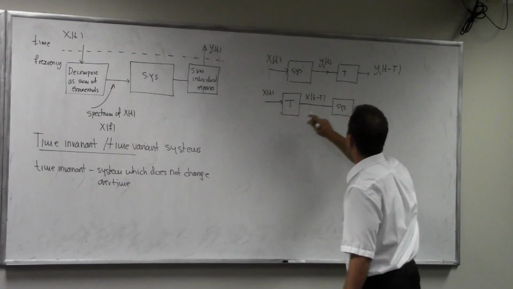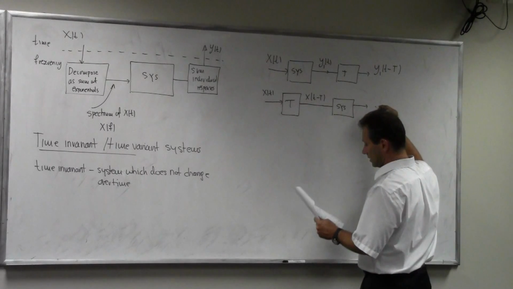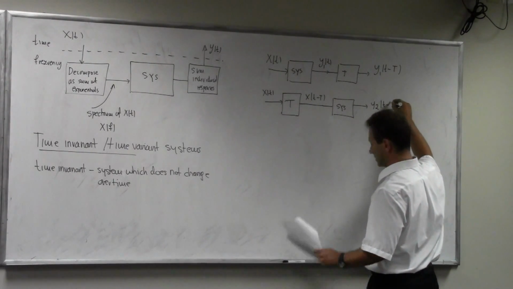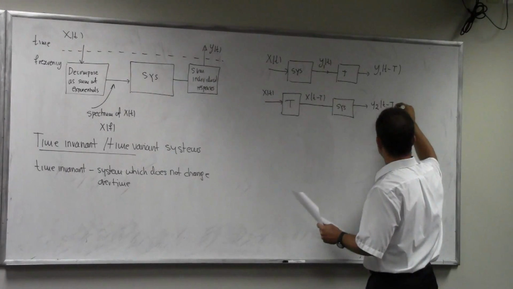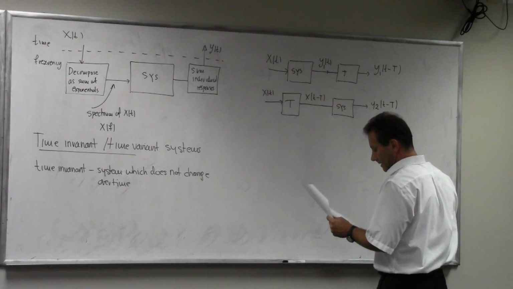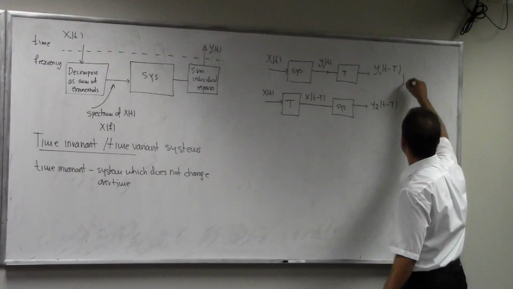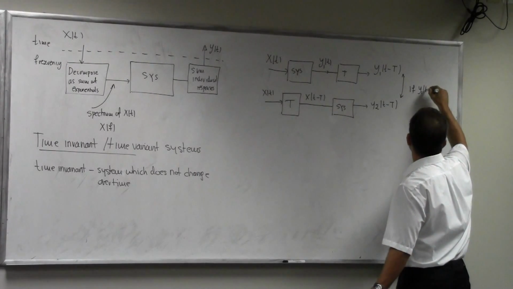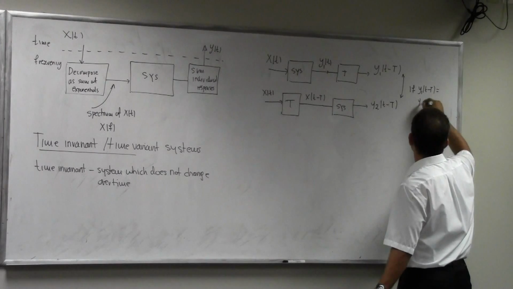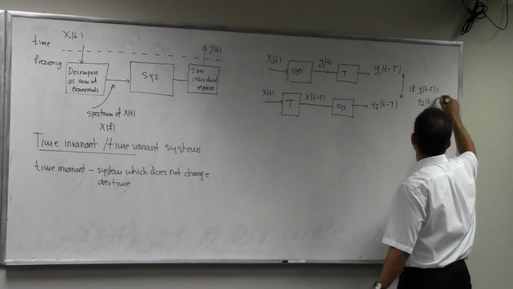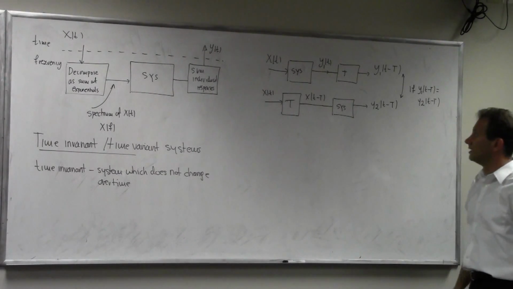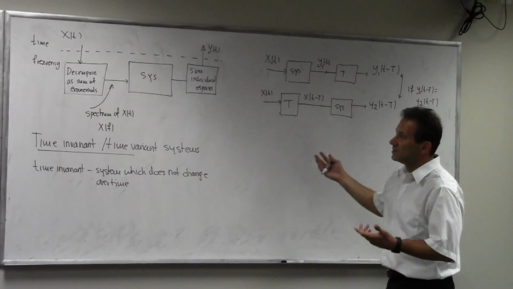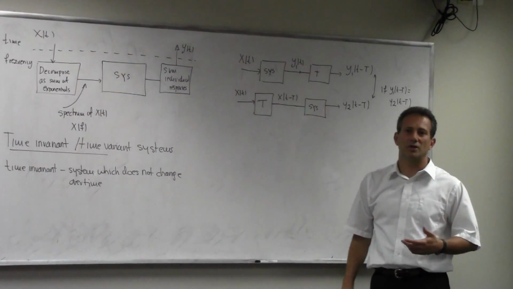Now with the delayed version of the input, I'm going to get here y2 of t minus capital T. So if y1 of t minus capital T is the same as y2 of t minus capital T, the system is time invariant. Both of these are a little bit complicated way to say the same thing. The system does not change over time.